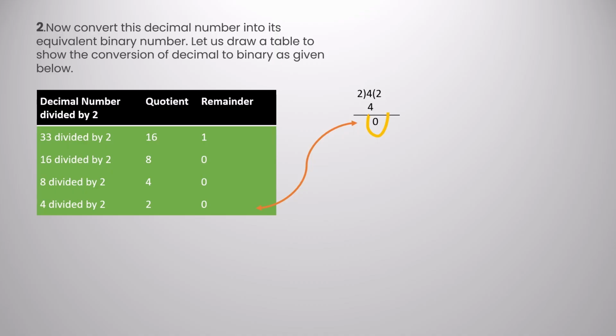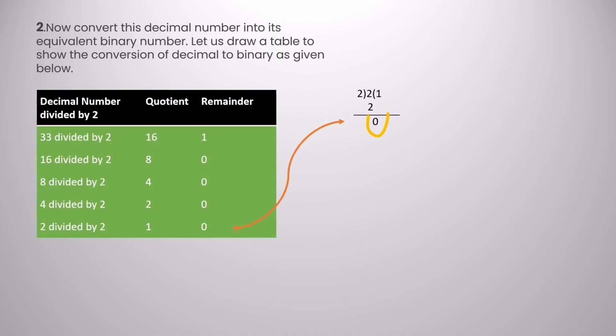Remainder is very important, again I'm saying, so note all the remainders down the way. In the same way, 2 divided by 2 gives quotient 1 and remainder 0. We cannot stop at this case because we are getting 1, so let's see the next case.